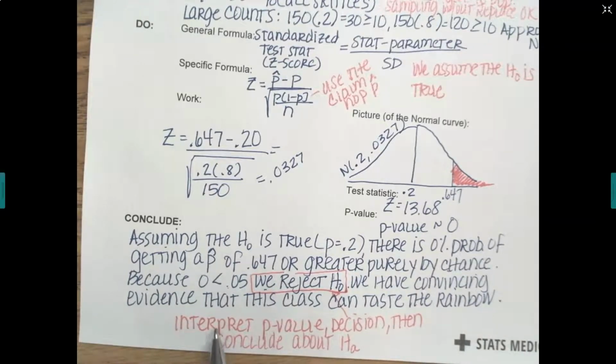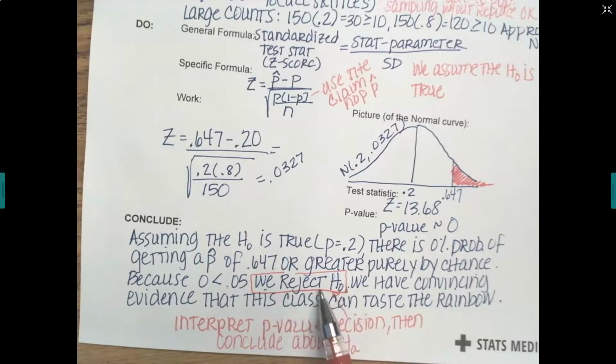So you start off, we assume the null to be true, and if it is, this is the probability of what we got happening. Then we're going to compare what we got to the alpha and decide, does that mean we're okay with the claim, or are we rejecting the claim? Do we fail to reject or reject?